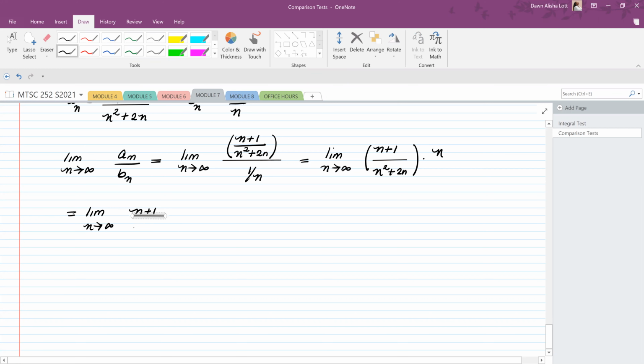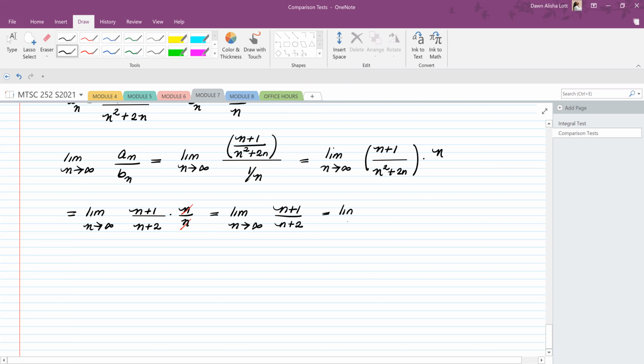That gives me n plus 2, and then n over n. Those two divide out. And so now I just get the limit as n approaches infinity of n plus 1 over n plus 2. I'm hoping you can see that limit is 1.